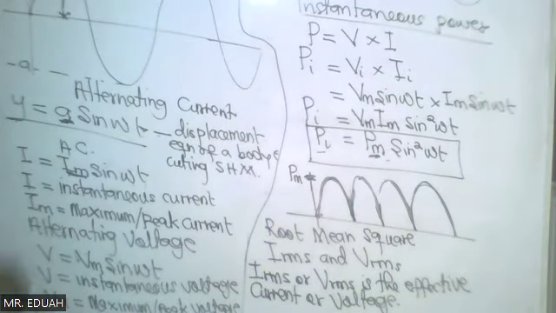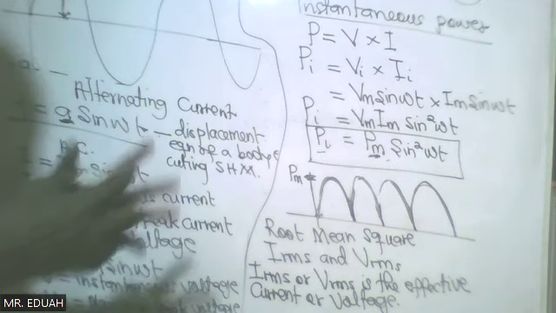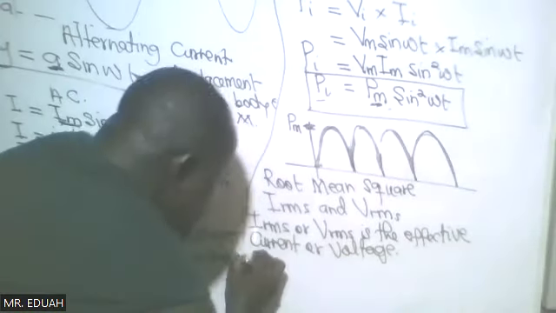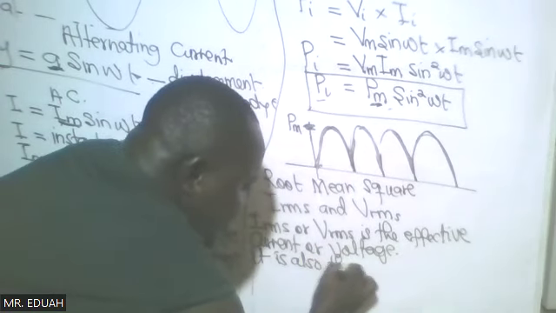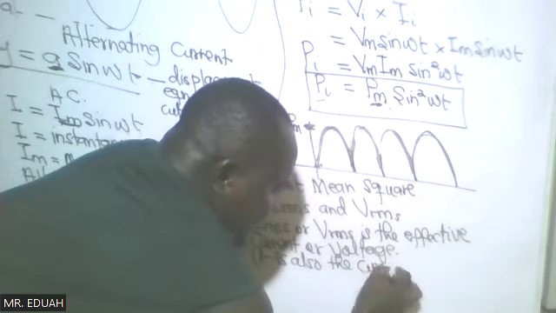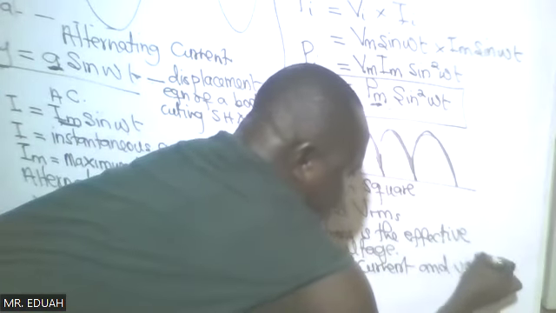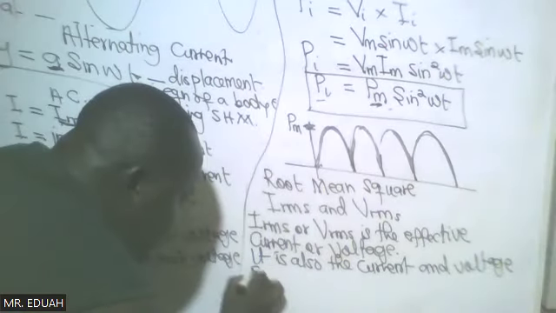By RMS value, we are referring to the effective current or voltage, and it is also the current and voltage from the source or mains.